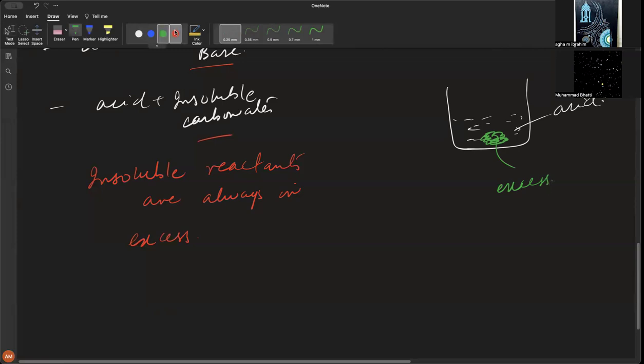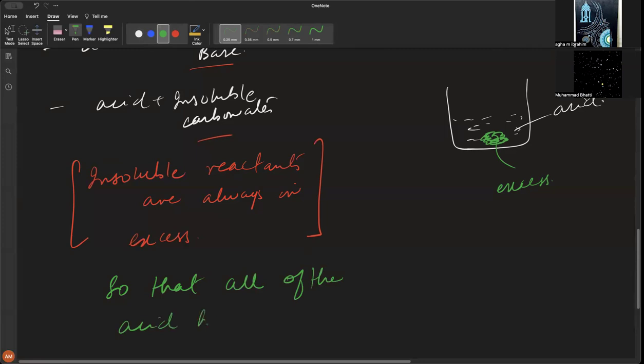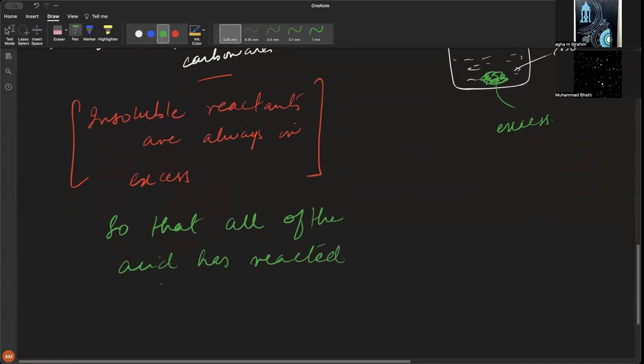A question that is going to come in the exam for sure, definitely: why is the insoluble reactant kept in excess? So that all of the acid has reacted, to make sure that all of the acid has reacted.